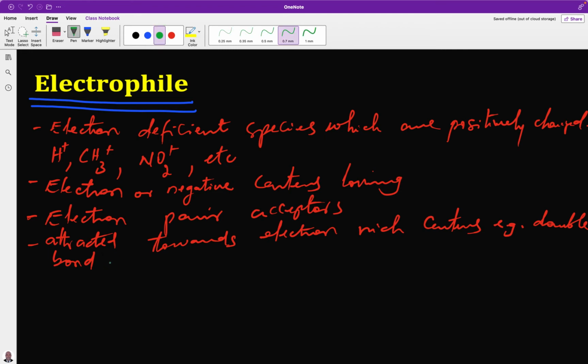We are talking of the double bonds. We can also say electrophiles undergo addition reactions. They undergo addition reactions.